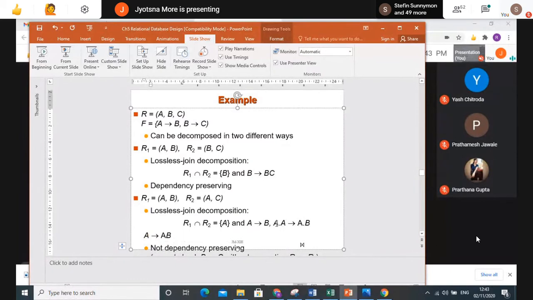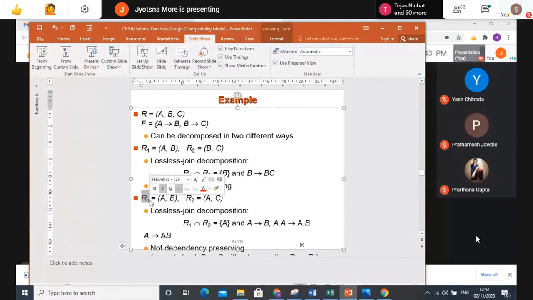If I'm augmenting it, A into A will be A only, which I have written here, and A into B will be AB present over. A is determining attributes A and B, which are nothing but my schema R1, right?